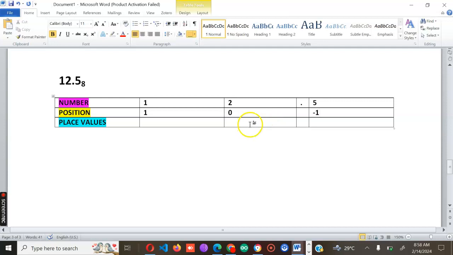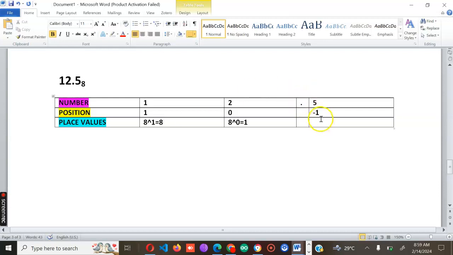Okay, get the place value. The place value of this one is 8 raised to power 0, which is equivalent to 1. This is 8 raised to power 1, which is equivalent to 8.